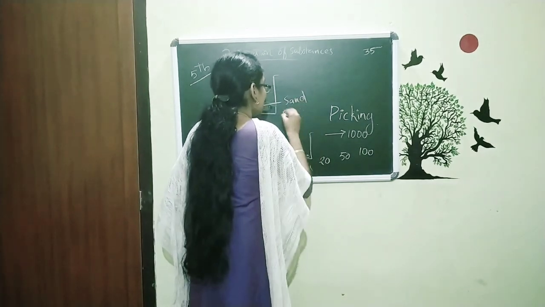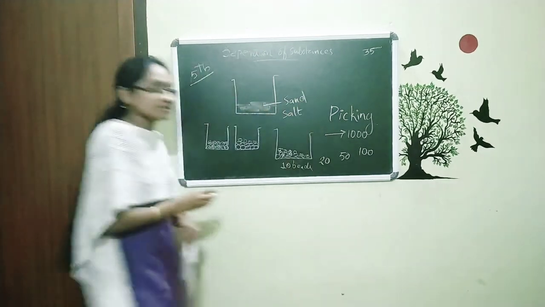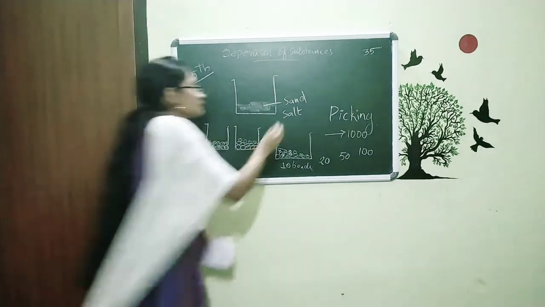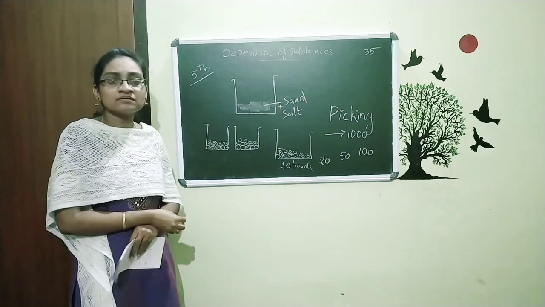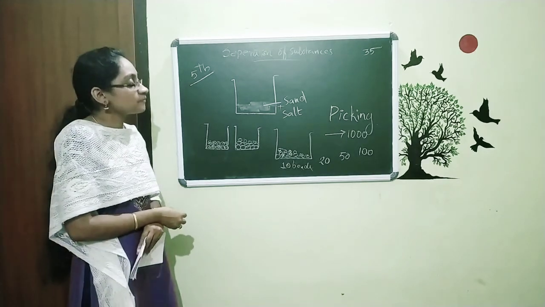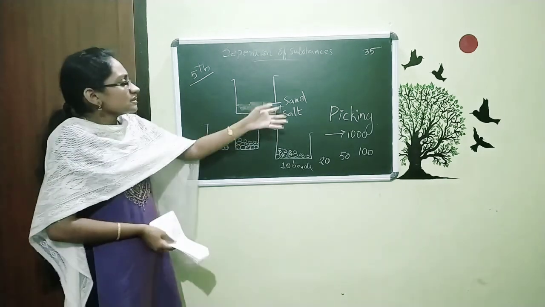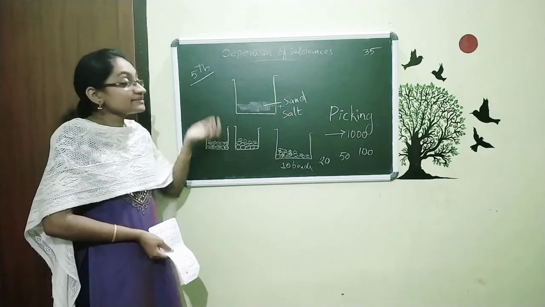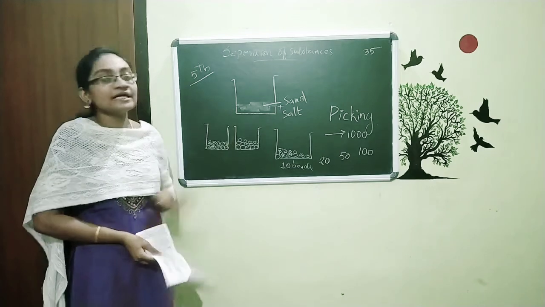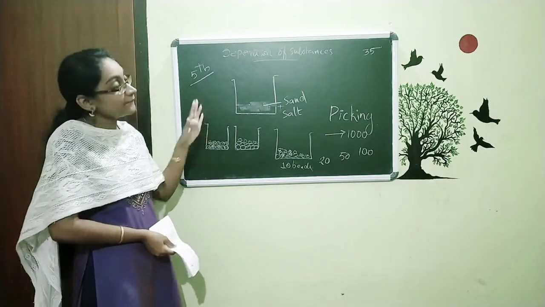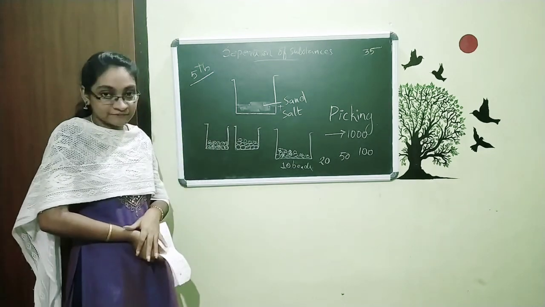Sand and salt, it is a mixture. Is it possible to separate it using picking? Not at all, because they are very tiny particles, they are similar in size, and it is unable to be separated by picking. We have another method to separate this mixture.